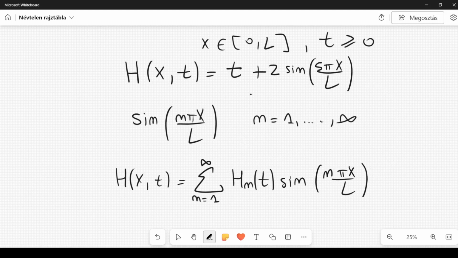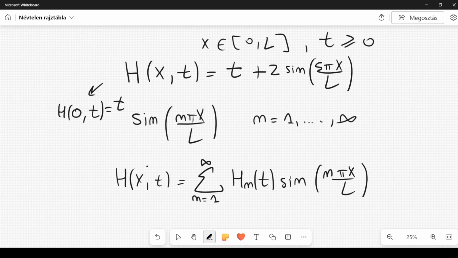Why is that? Well, because if you set h of x, t, so instead of calculating the function at a generic x and at a generic t, we choose x equal to 0, and then we choose a generic t, you can see that the function gives us t.